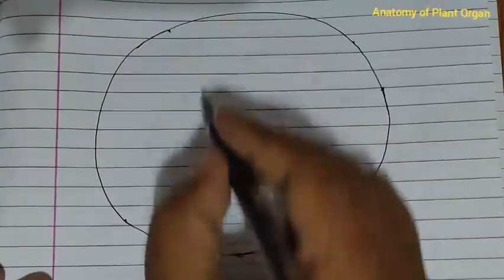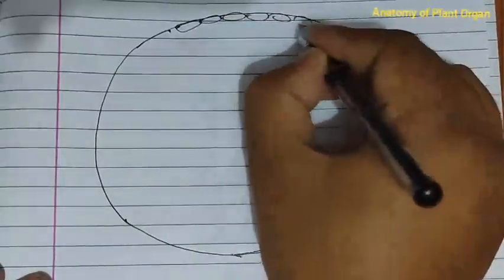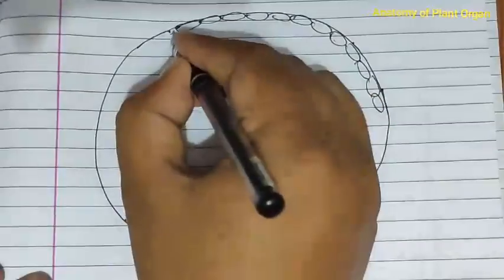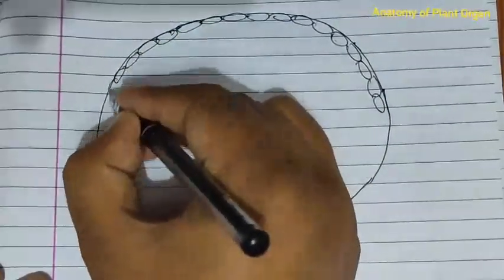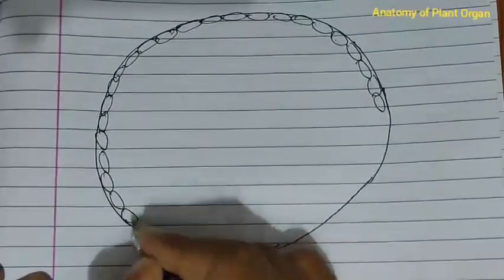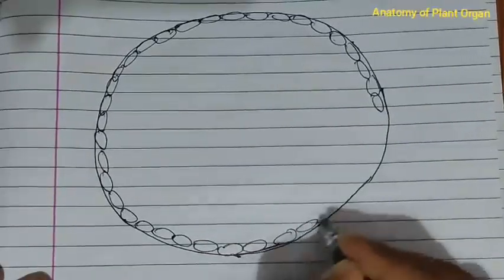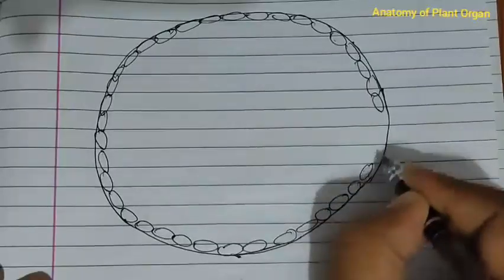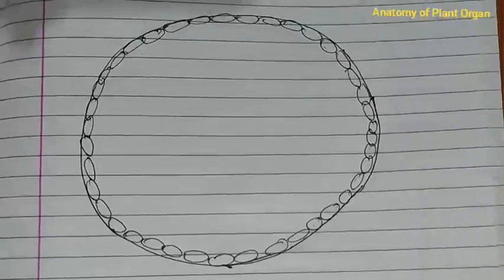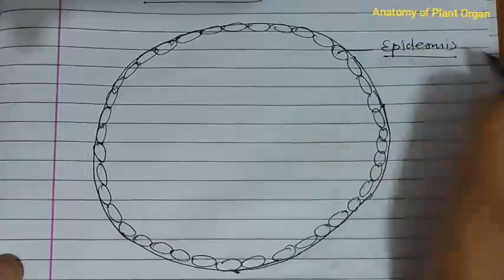And in the complete cross section, we first find the epidermal cells on the periphery. So this is the epidermis of monocot stem, which is parenchymatous.